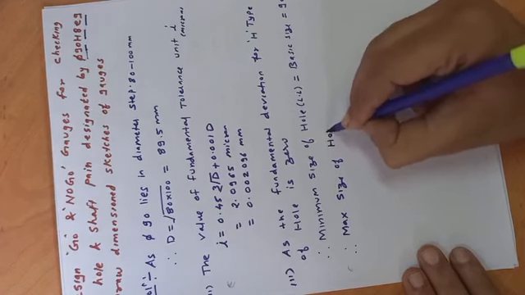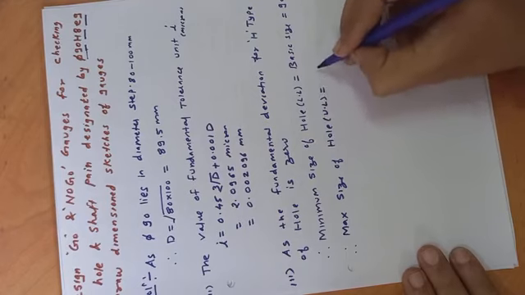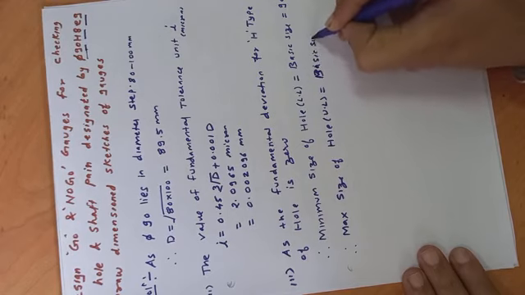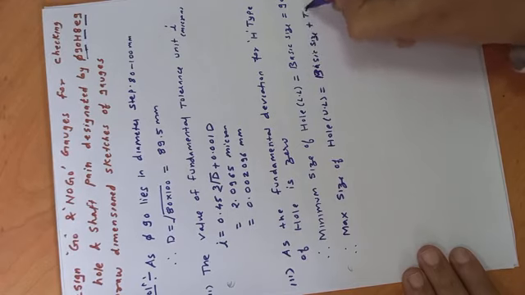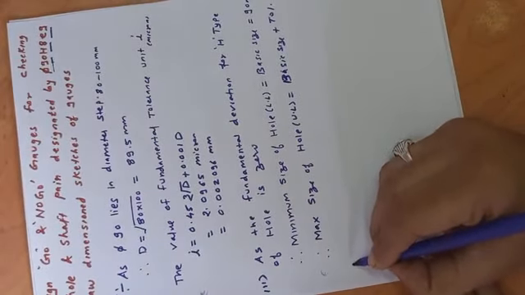Maximum size of hole, that is the upper limit of hole, is equal to basic size plus tolerance. So now we have to find out the tolerance.